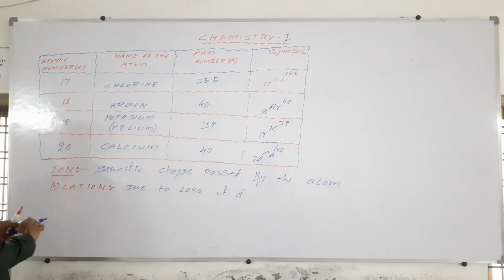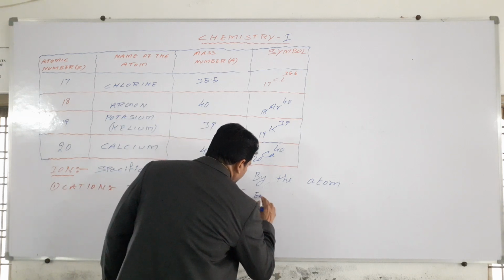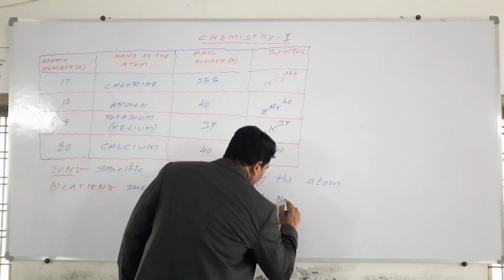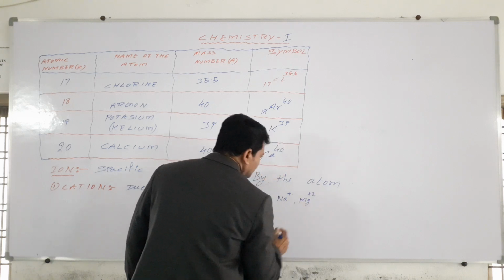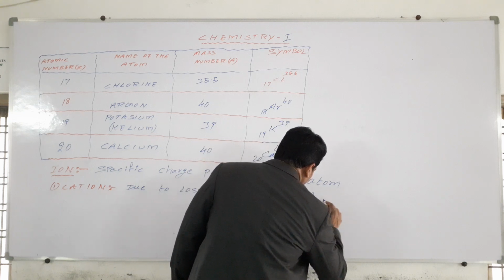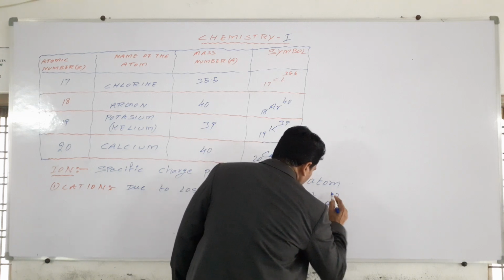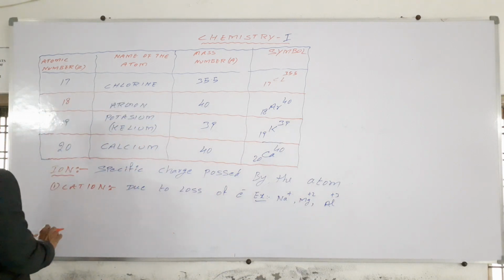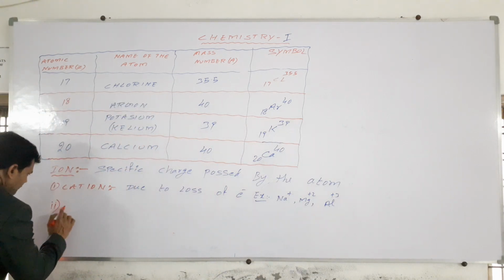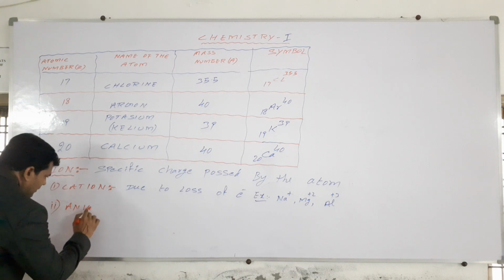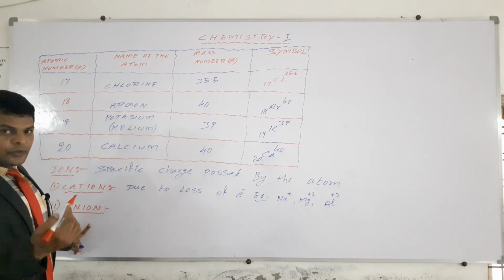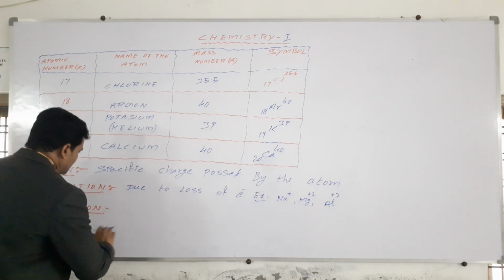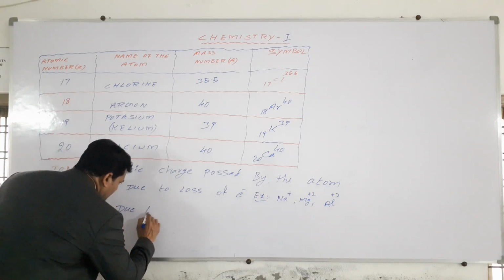So next example, Na plus, Mg plus 2, Al plus 3, like this. Next you have to know anion. Anion is formed due to gaining of electrons.